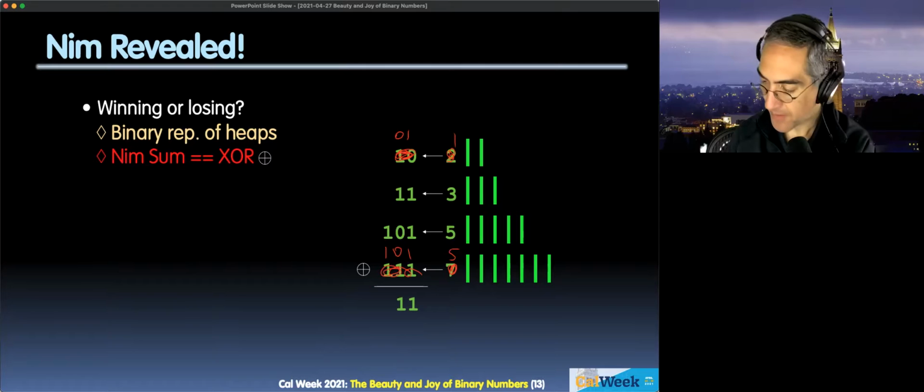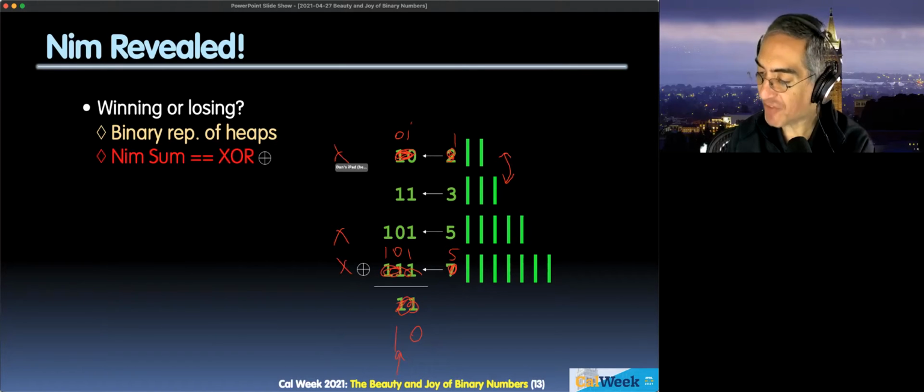I think I make 1 and 1 balanced. So let's see, 0, 1 plus 1, 1. What's the sum? 1 plus 1 is 0. 0 plus 1 is 1. It's 2. Let me go back up. Actually, look at this. What are the rows that have a 1 in the 2's column? That's the leftmost one. Not here, not here, not here.